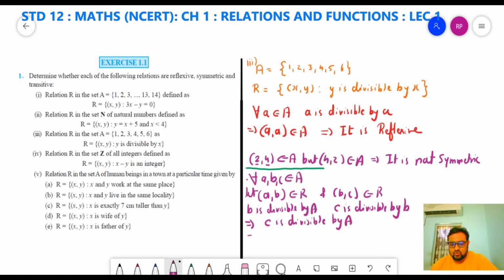So this shows that c belongs, so to, sorry, this will be small a, not capital A. This shows (a, c) belongs to R. So what does this mean? This means that it is transitive.